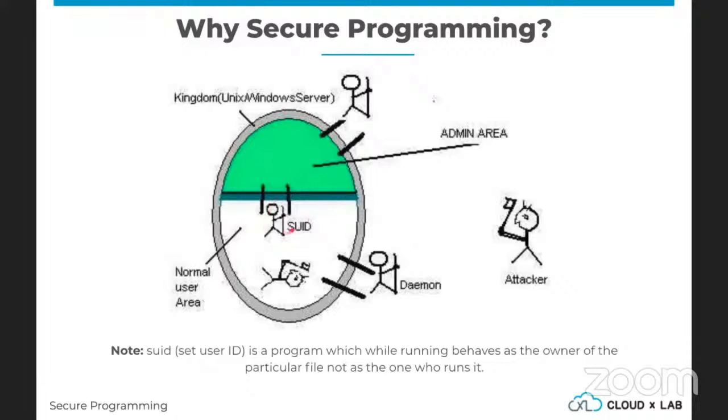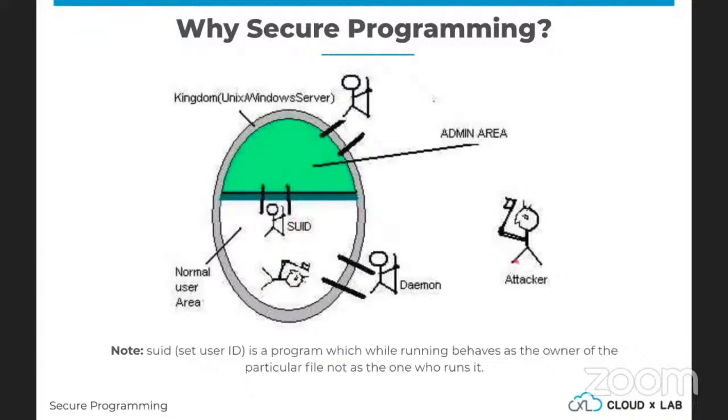Basically, this shows that such programs which are setuid are vulnerable. When you run such a program, you could become admin. And if an attacker attacks such a program, the attacker would become the root.